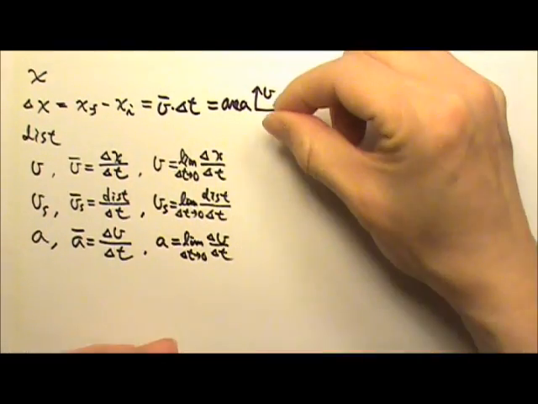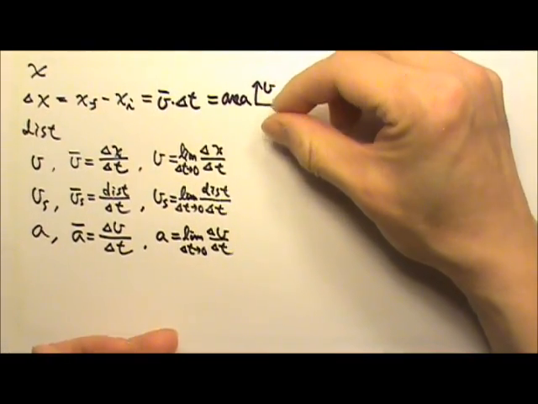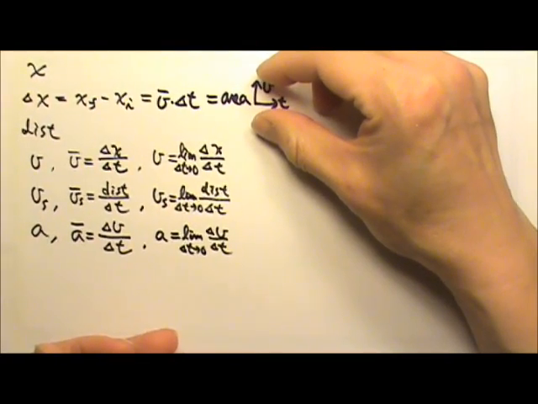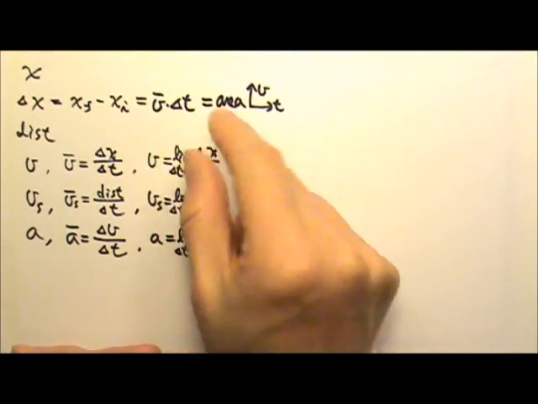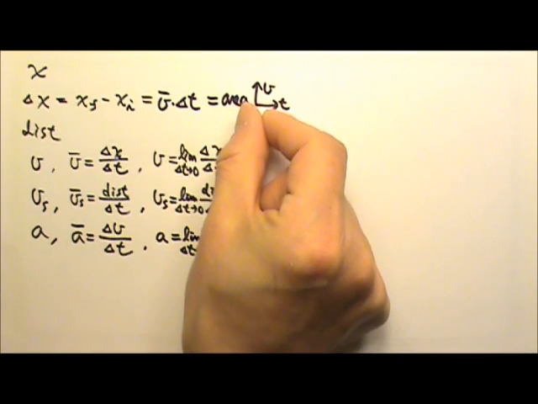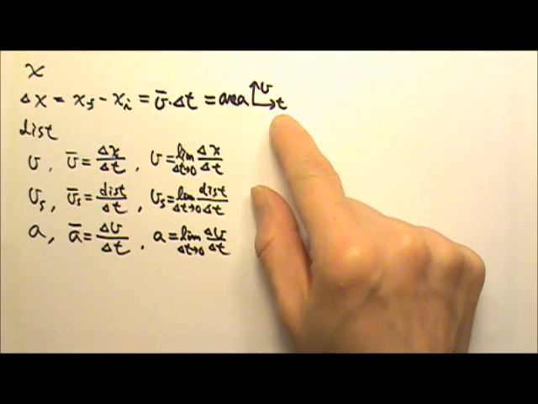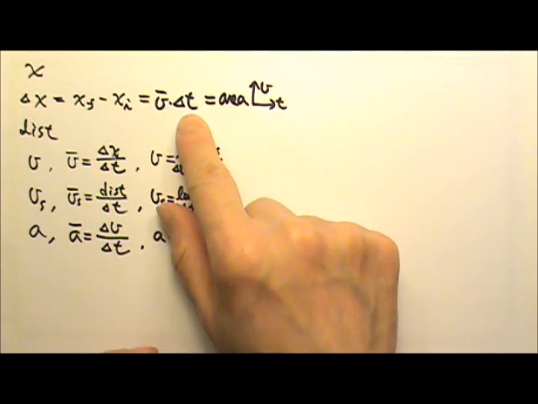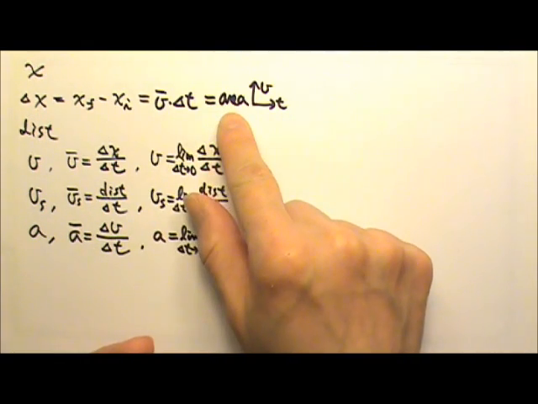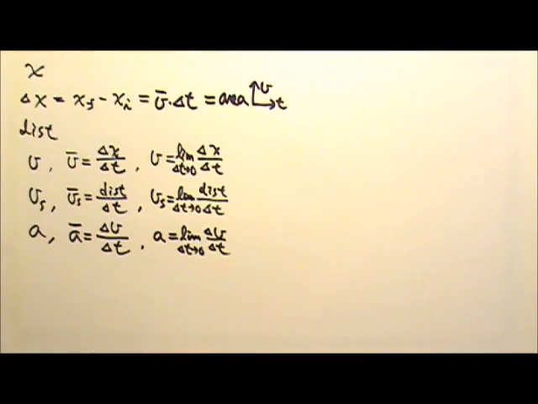The height is the velocity, so the vertical axis must be the velocity. The base is the delta t, so the horizontal axis must be the t. So when you are multiplying, it is the area of a graph.